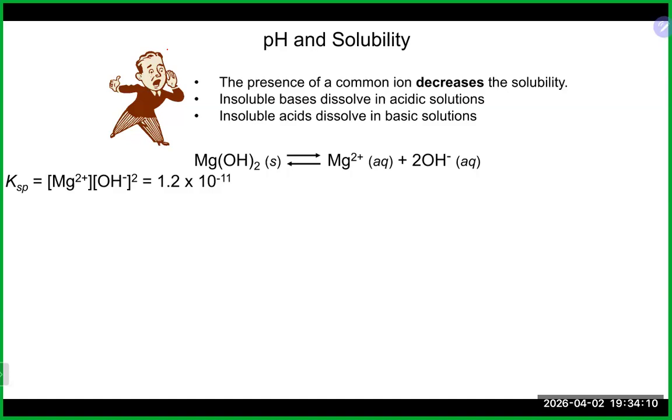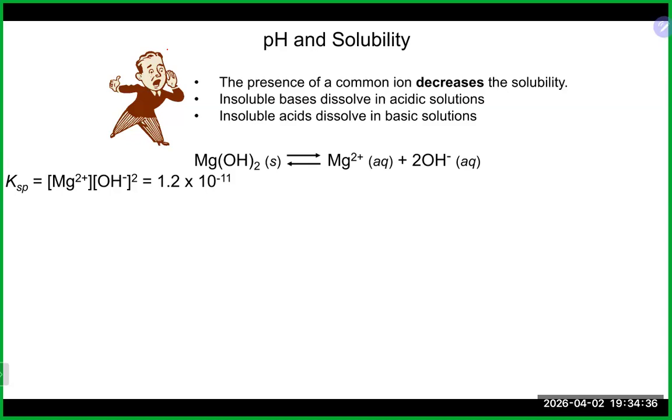As we talked about, the purpose of that is to allow you to keep certain ions in solution and allow the right environment for other ones to precipitate out. So the presence of that common ion, as we just saw, does decrease the solubility. If you do have an insoluble base, it will dissolve in an acidic solution. And if you have an insoluble acid, it will dissolve in a basic solution.